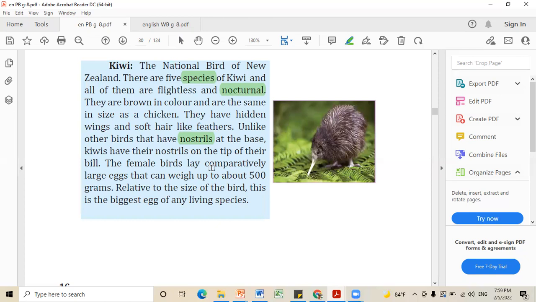The female birds lay comparatively large eggs that can weigh up to about 400 grams. Relative to the size of the bird, this is the biggest egg of any living species.